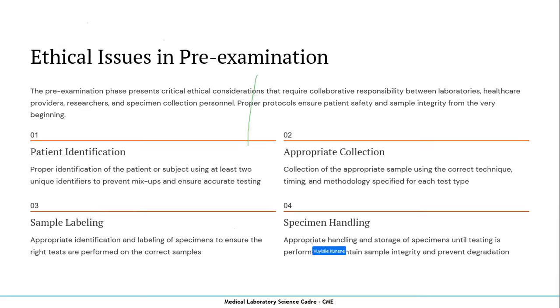In pre-examination, this phase presents critical ethical considerations that require collaborative responsibilities between the lab, the healthcare providers, researchers if we have them, and specimen collection personnel, because we do understand that it's not in all facilities where specimen collection is designated to a certain group of people. In other facilities, we have also the other cadres who also collect blood, especially in the wards and other places.